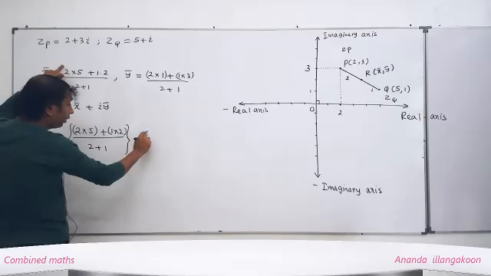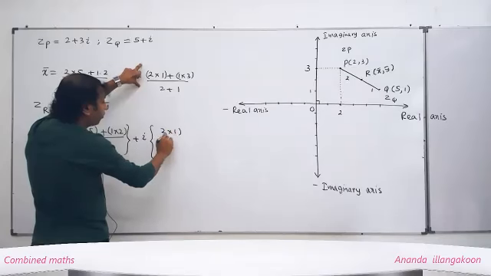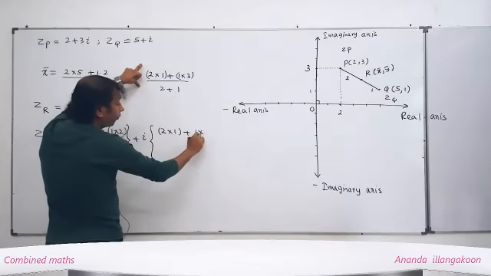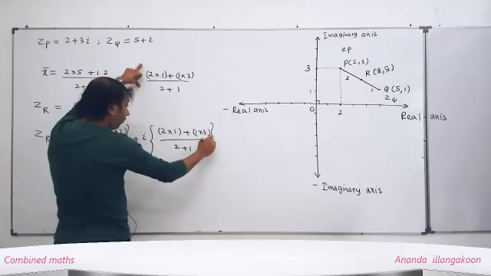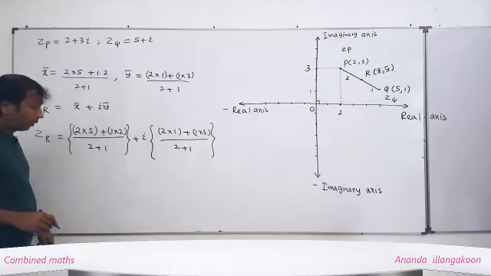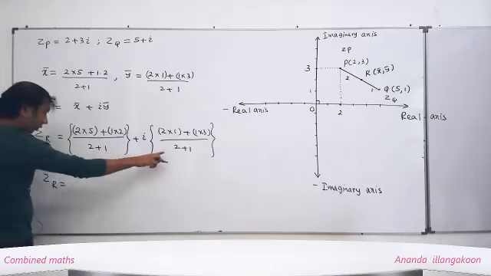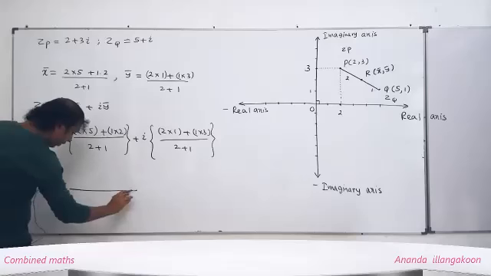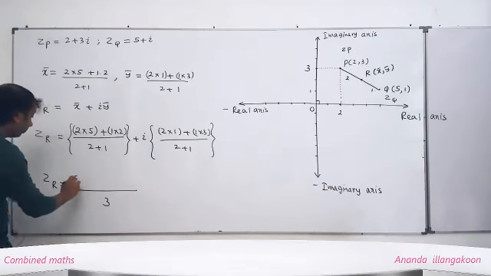Plus i times y bar is over 2 plus 1. Now you can write z dash. This 3 I take as a common denominator. Right, people, here this 2 and here this 2 I take out.